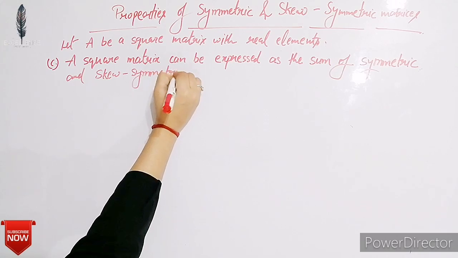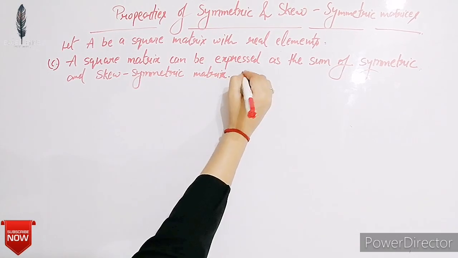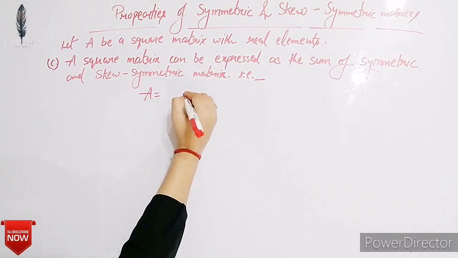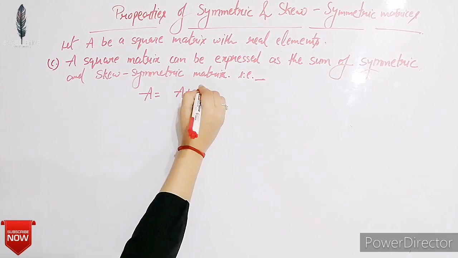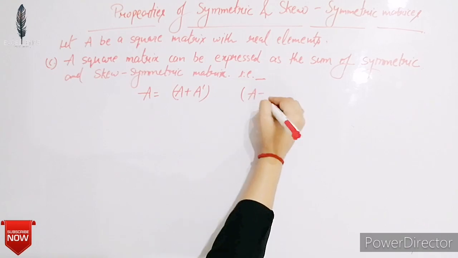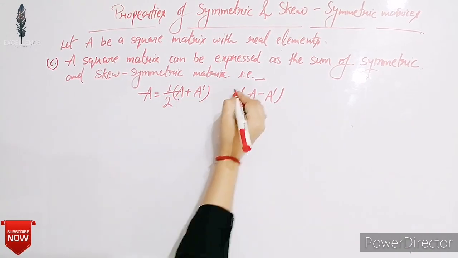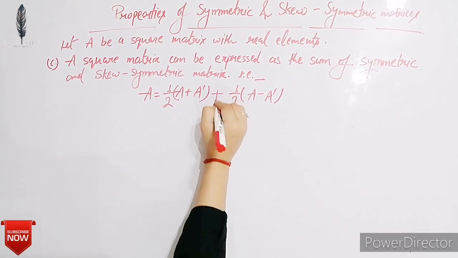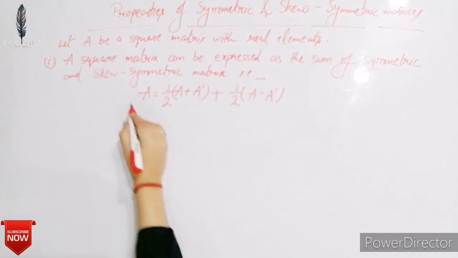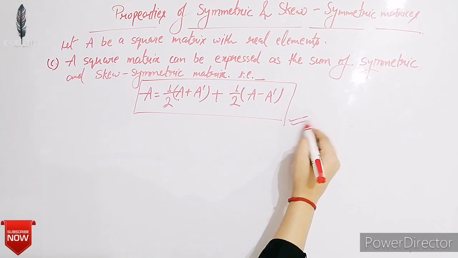So we know that A plus A dash is symmetric and A minus A dash is skew symmetric. So half of A plus A dash must be symmetric and half of A minus A dash is skew symmetric. On adding, we have this property: A is equal to half of A plus A dash plus half of A minus A dash.